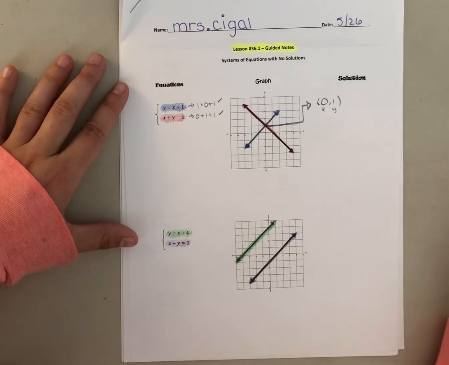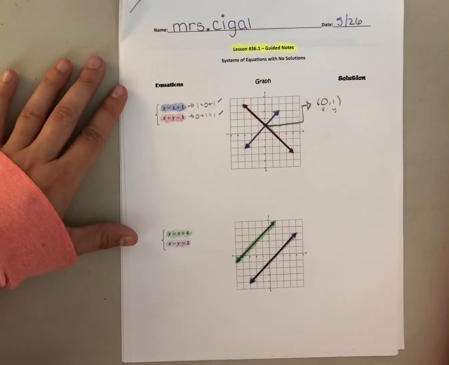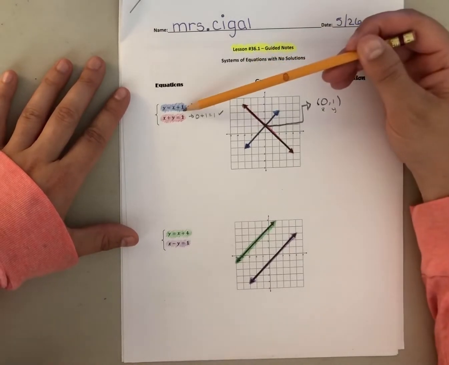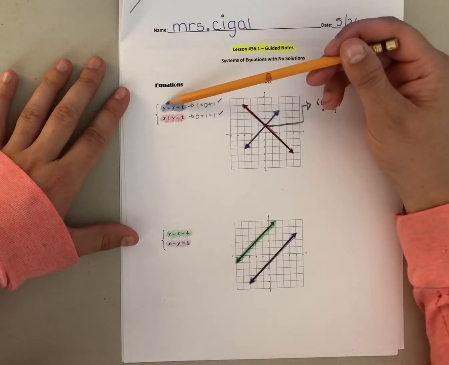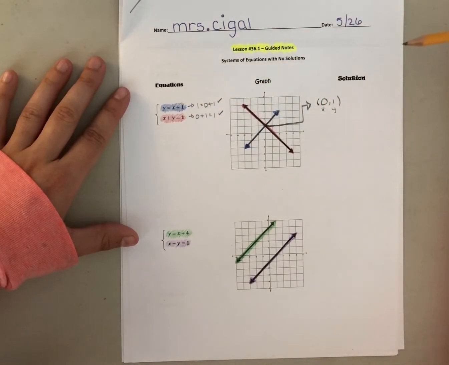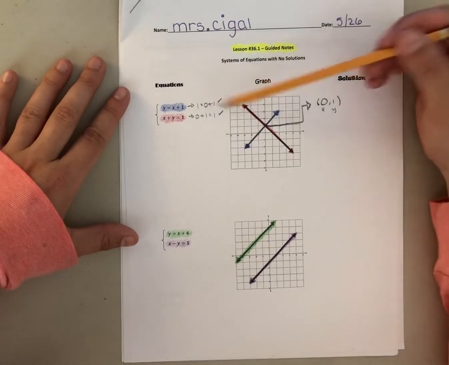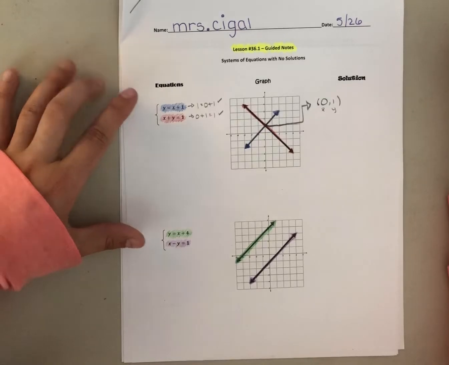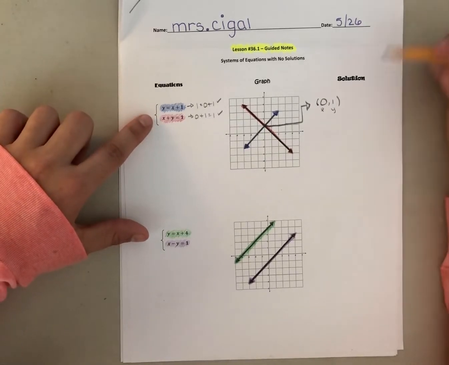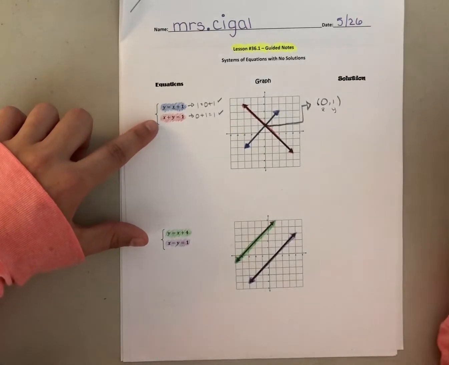So we always want to pick the easiest thing, whatever makes the most sense for the system you're looking at. For this particular system, if I didn't have a graph, I would probably use substitution just because I have a variable alone. Or if you really like Desmos or you're really strong in graphing, you would just graph them and find your solution. For anybody that just needs a quick refresher on the algebraic method, I'll show you this one with substitution, but we already have our answer, so it's not like we need to do it.